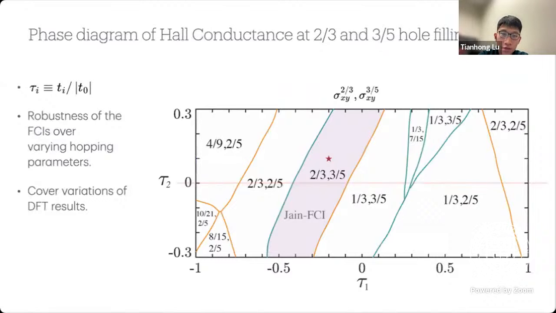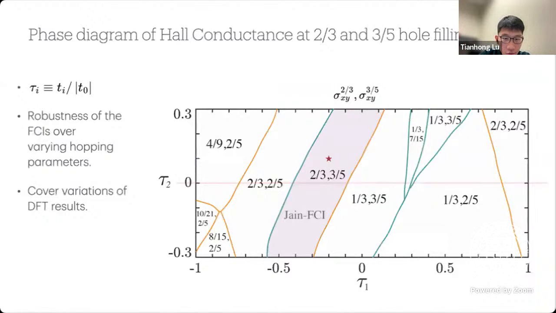This is important because those are the two filling fractions observed in experiments. The x and y axes are labeled tau1 and tau2 because we want to remove the effect of the scale of the T0 hopping. So we redefine tau1, tau2 as T1 over T0 and T2 over T0.